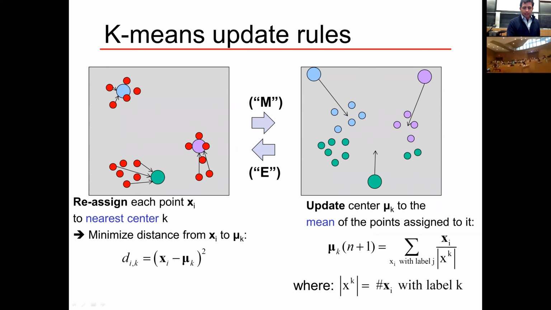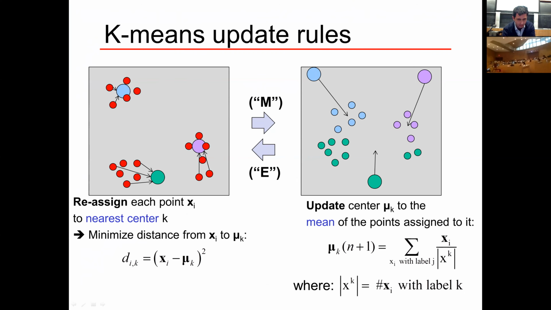So we're going to be referring to these as the E step and the M step. So in the M step, I'm basically updating the centroids to the mean of the points. And then in the E step, I'm reassigning the points, okay? So now let's look at what are the actual computations that we're doing.